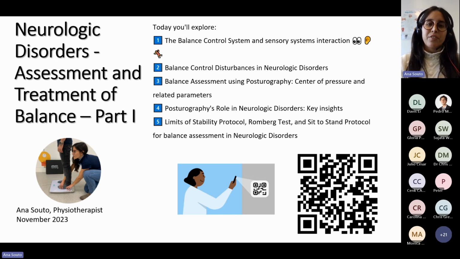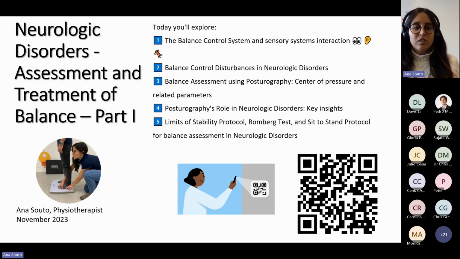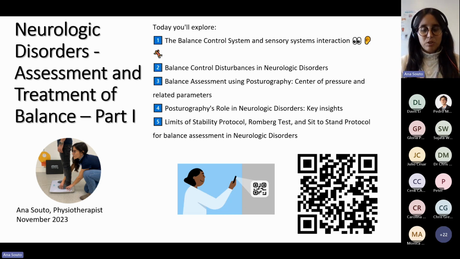The role of posturography in the assessment of neurologic disorders, and we will also go through some balance assessment protocols that can be used in neurologic disorders: limits of stability, the Romberg test, and the sit-to-stand protocol.